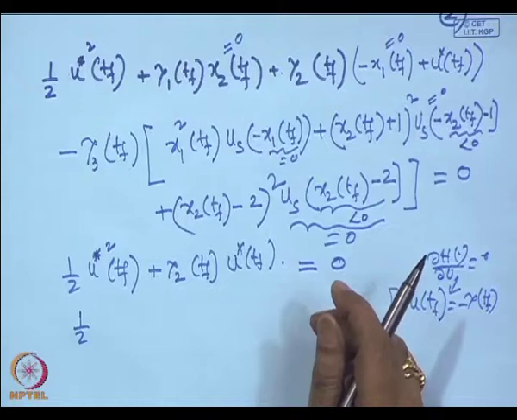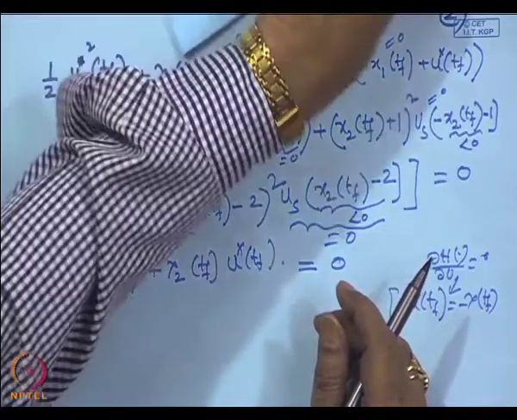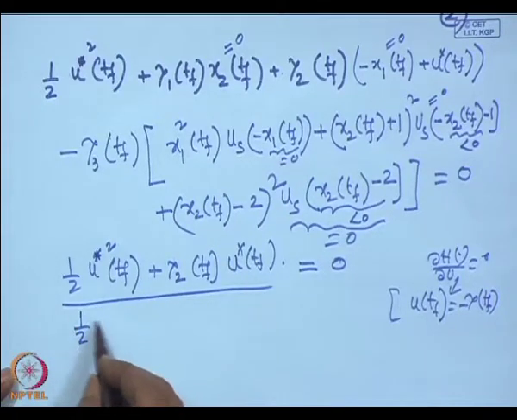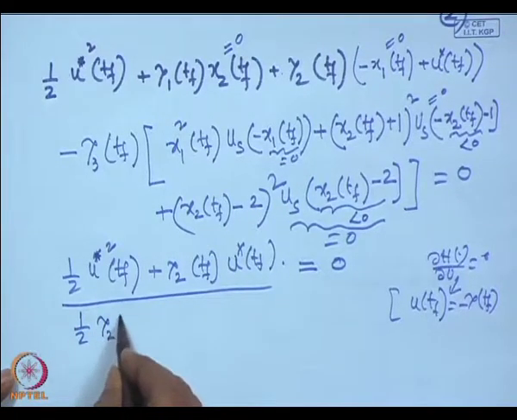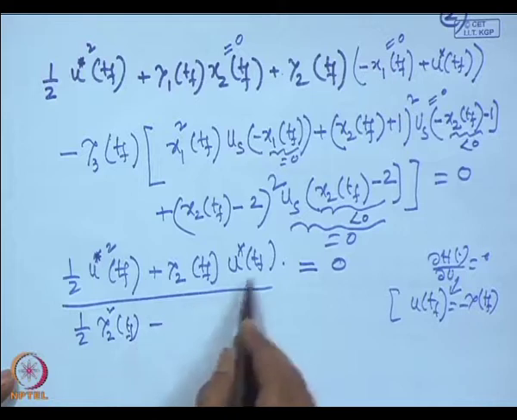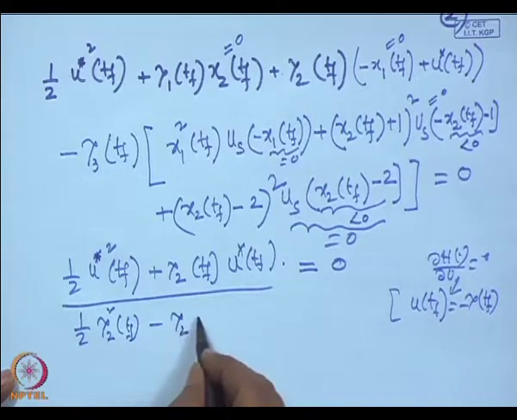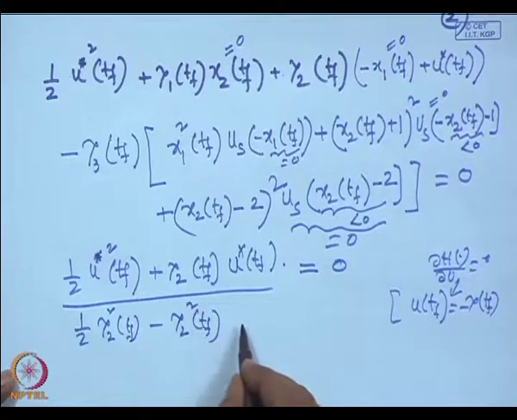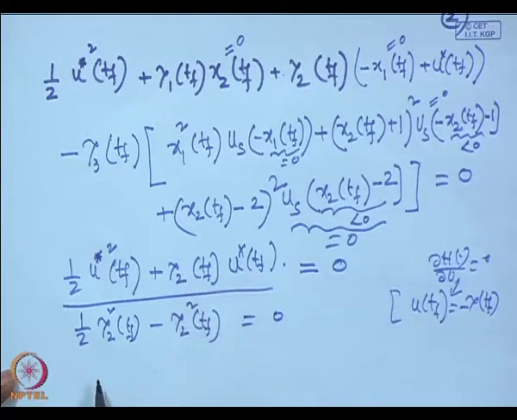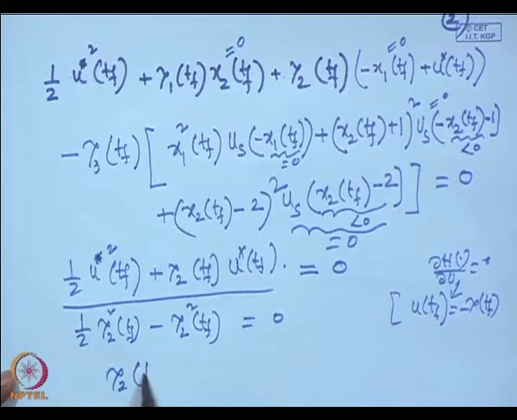Our last equation, if you recollect, was equation number 8 or 9, just check it. Anyway, this is the equation. From there you put it, that is lambda 2 T f square minus lambda 2 T f square is equal to 0. So, lambda 2 T f is equal to 0.